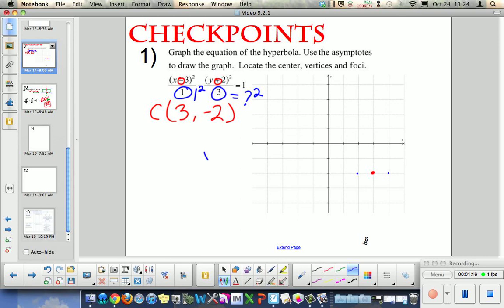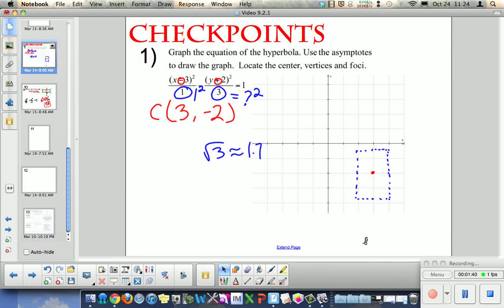The square root of 3 is approximately 1.7. So that means my box is going to be 1.7 in both directions. So 1.7 in this direction and 1.7 down. Now I can sketch in that dotted line to represent that box that's going to help me graph my hyperbola.